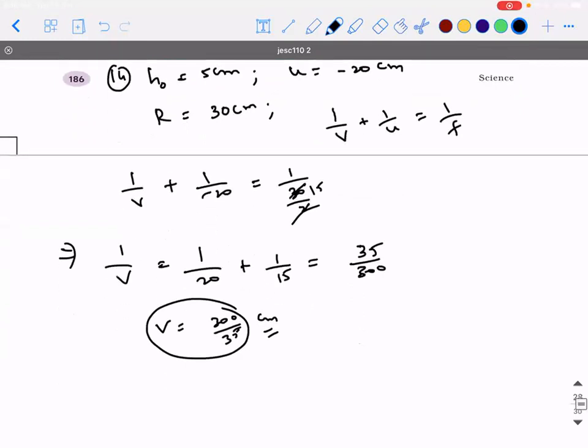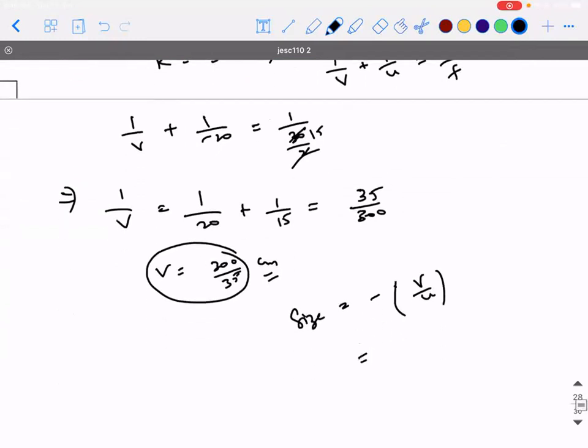What about size, guys? So size is equal to minus of V by U. Oh, they asked size, no? That is H dash divided by H naught is equal to minus V by U. H dash is equal to minus of V, how much? 300 divided by 35, divided by U, which is minus 20, into H naught, how much? 5.